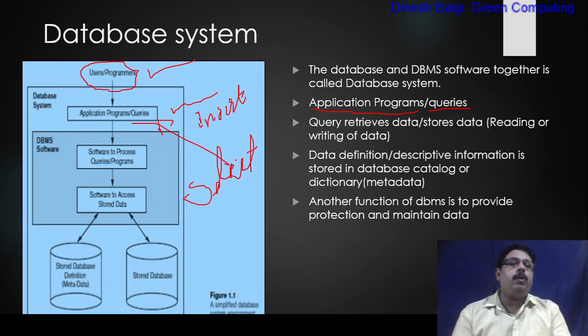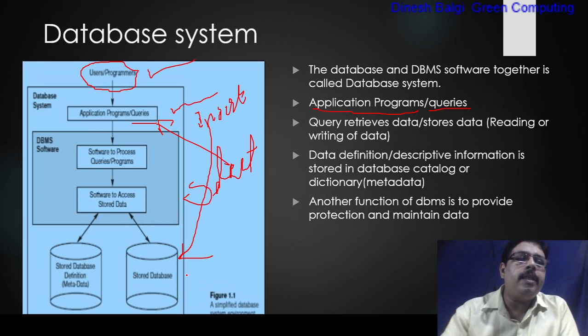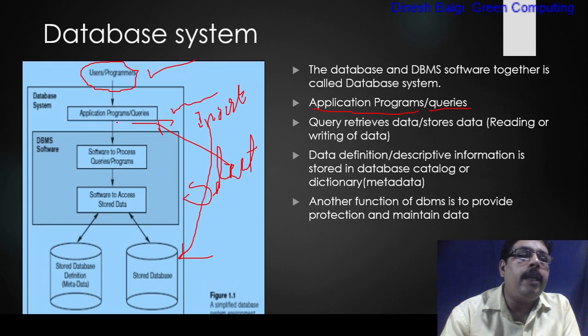Now there is one software, the DBMS software, which we can see at work when you insert a record. We have to understand what happens. If you are inserting a record, it is stored in the database. Whatever data is inserted through the application program goes into the stored database.